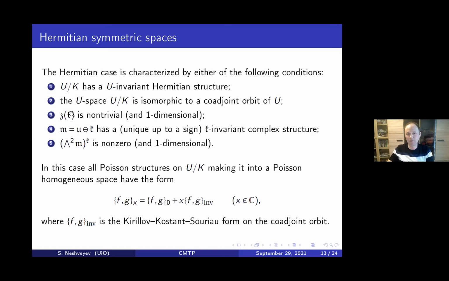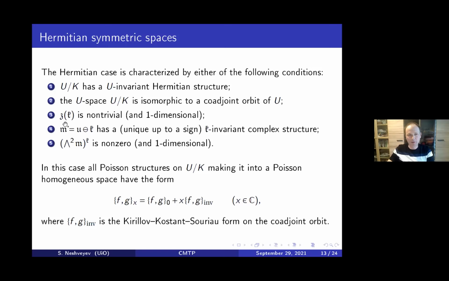So it has a non-trivial center, and this center is one-dimensional. And this is what makes life more complicated. In the non-Hermitian case, the center is trivial, your subalgebra is semi-simple, and this simplifies many things.